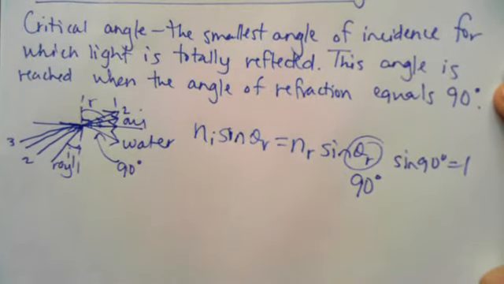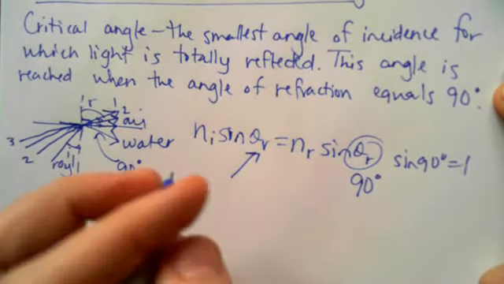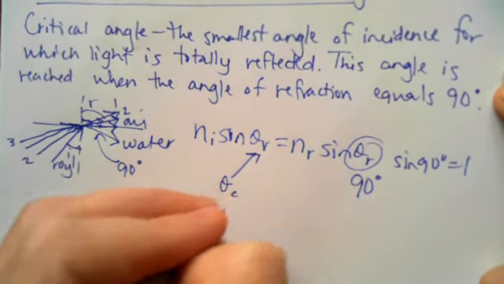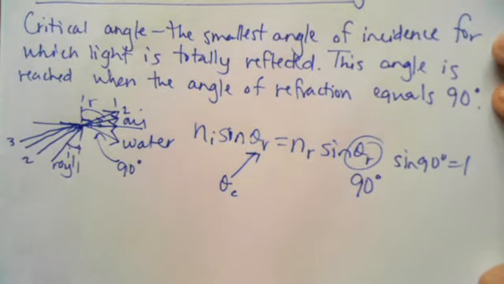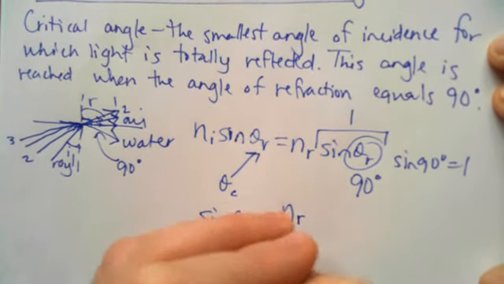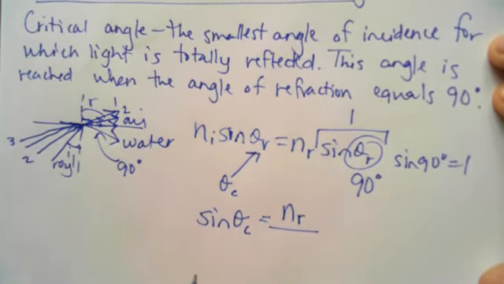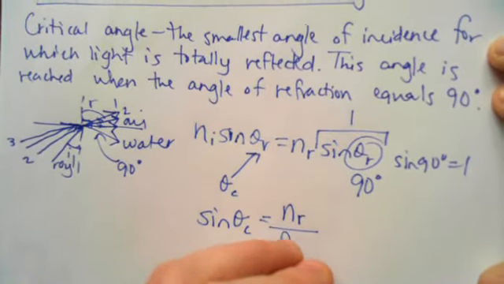So what you end up with is that when the refracted ray is equal to 90 degrees, the incidence angle becomes your critical angle, and this component here becomes 1. So the sine of your critical angle, whatever angle that might be, which will vary from medium to medium, is equal to the index of refraction of the refracted medium, the medium it goes into, in this example air, divided by the incidence index of refraction. So this is our equation for critical angle.